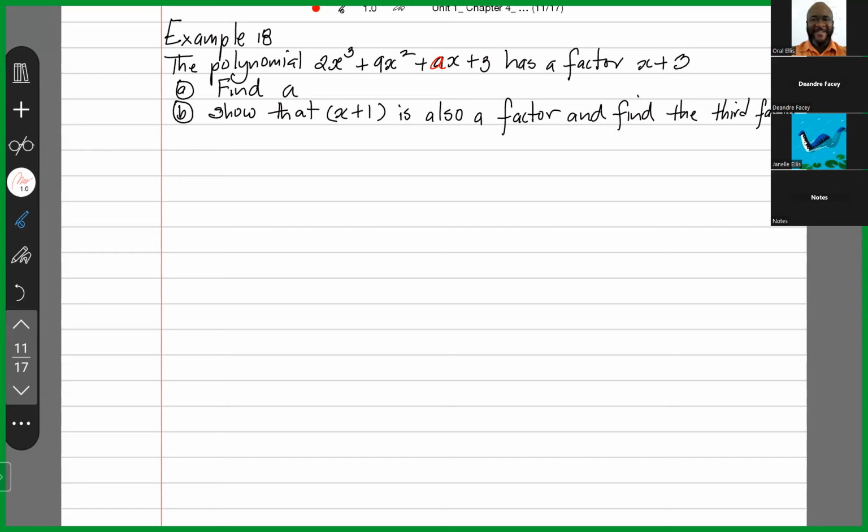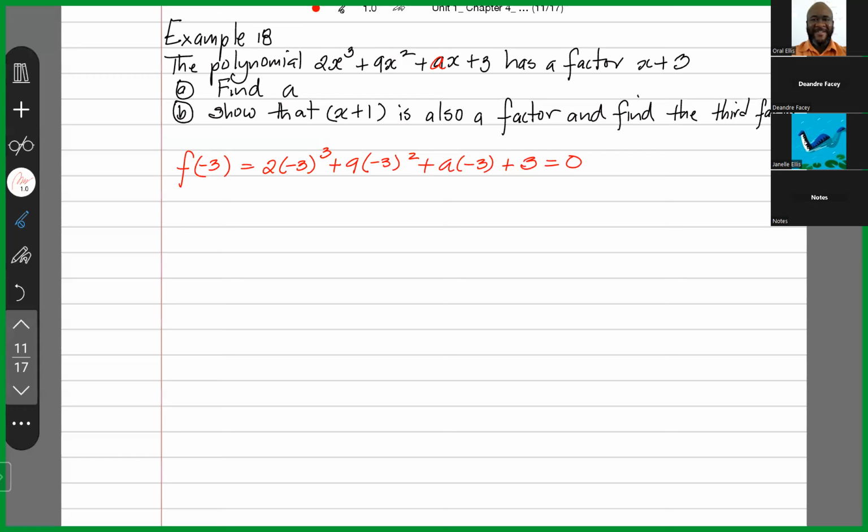Now, if x plus 3 is a factor, f of minus 3, which is 2 times minus 3 cubed plus 9 times minus 3 squared plus a times minus 3 plus 3, would be equal to 0. So if x plus 3 is a factor, f of minus 3 would be equal to 0.